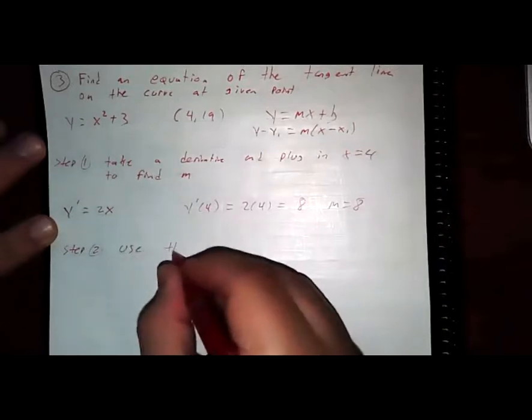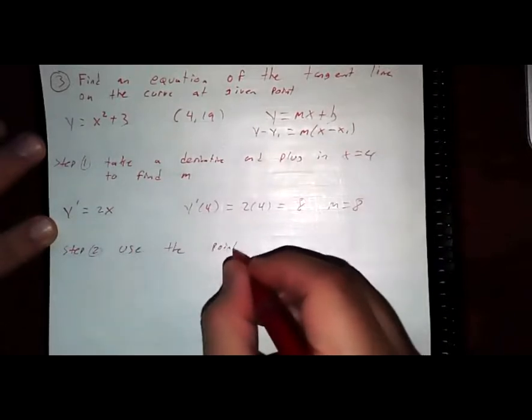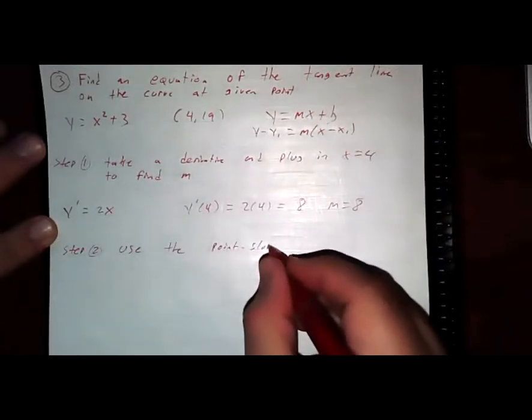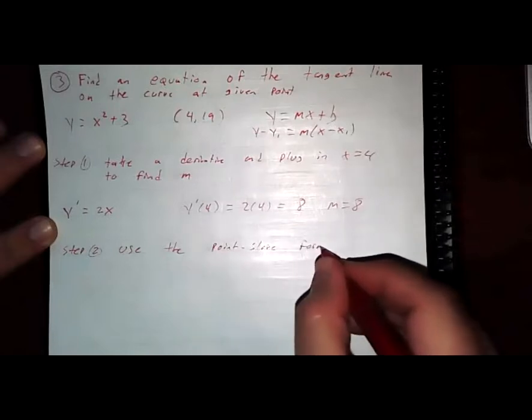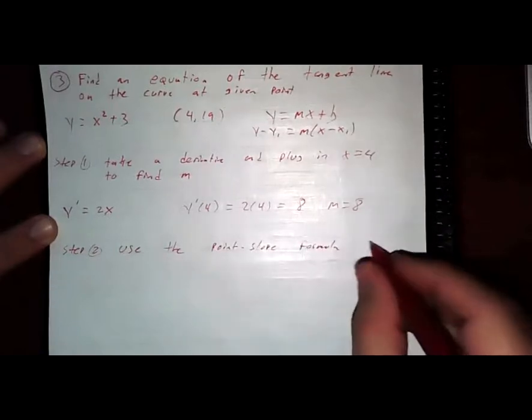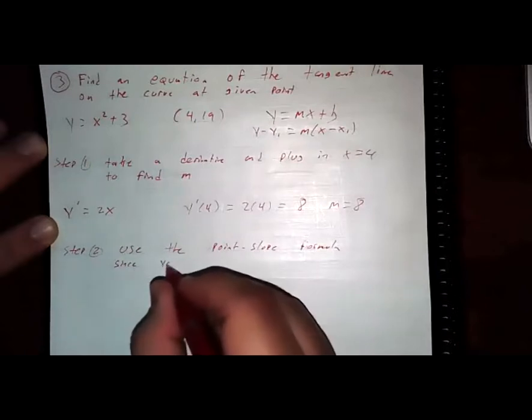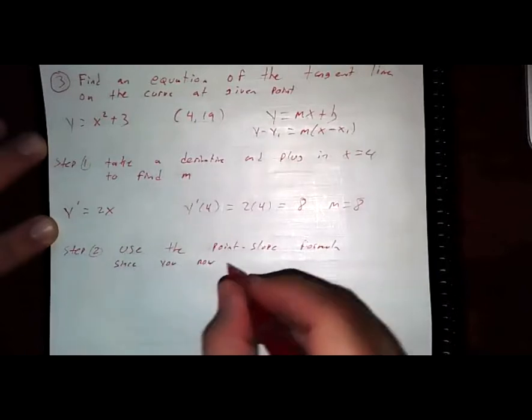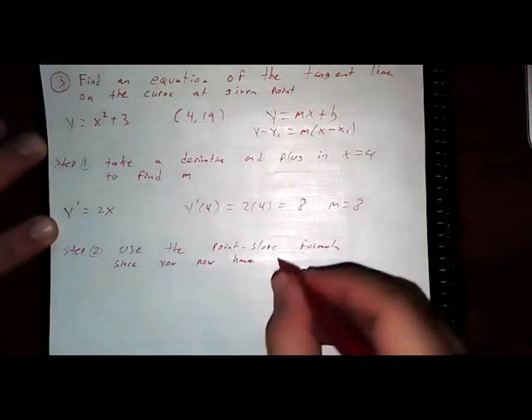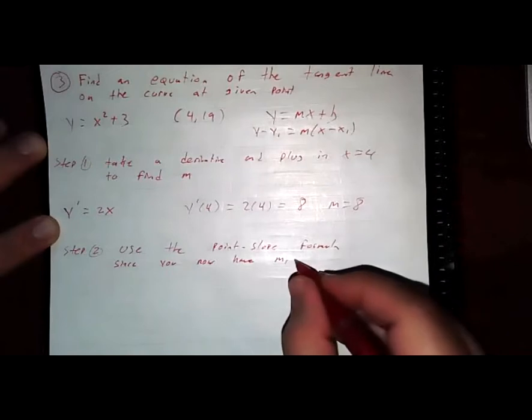So step 2, use the point slope formula. Since you now have m, x, and y, right? Because that was given to us, the x and y.